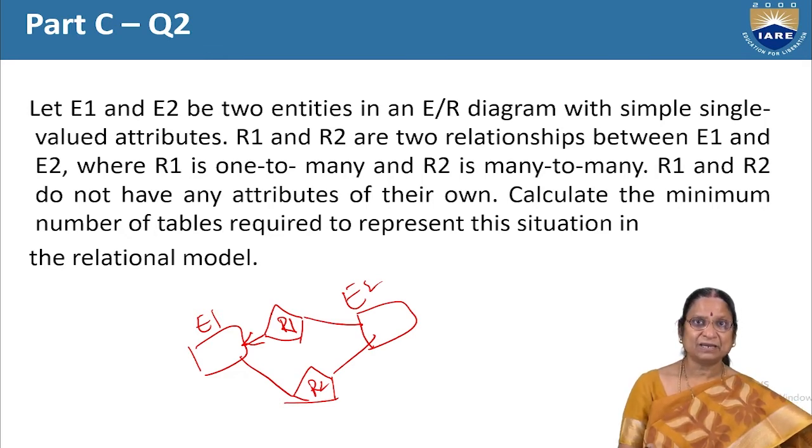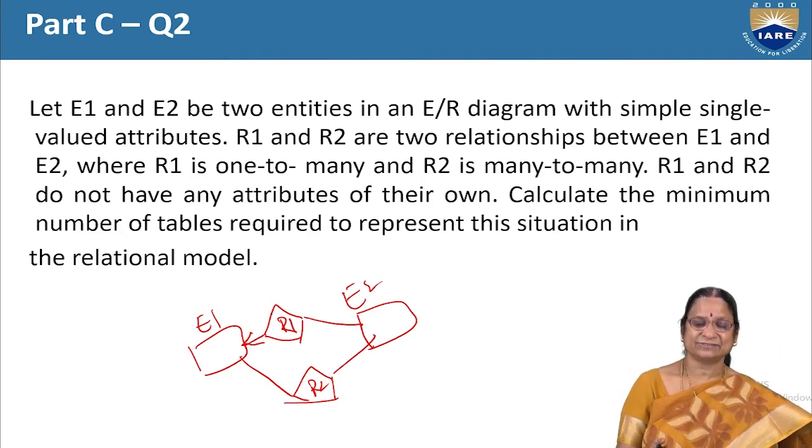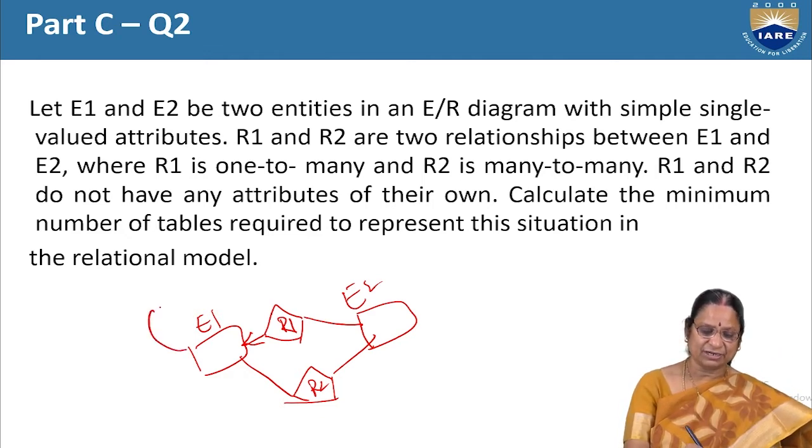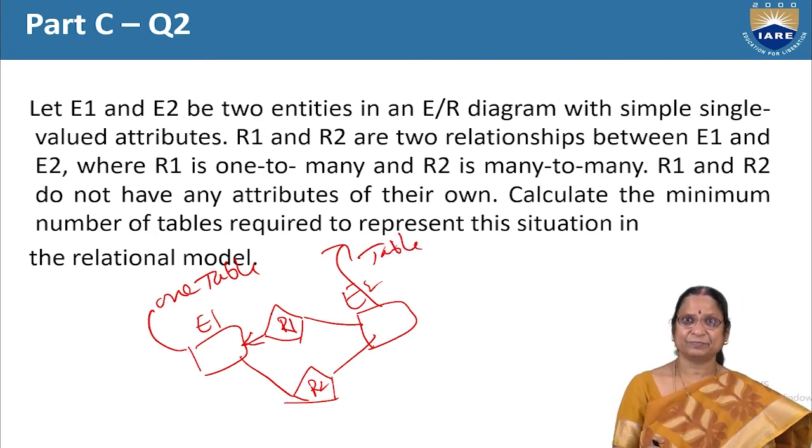Now in this example, two entity sets are there, both strong entity sets. So for each entity set, one table will be there. So two entity sets means two tables are required.